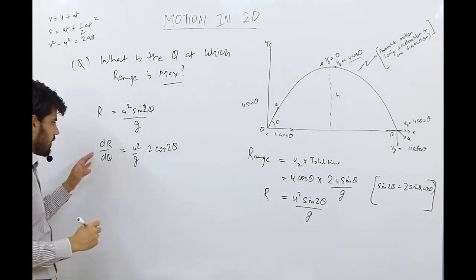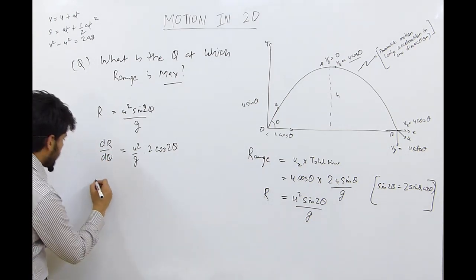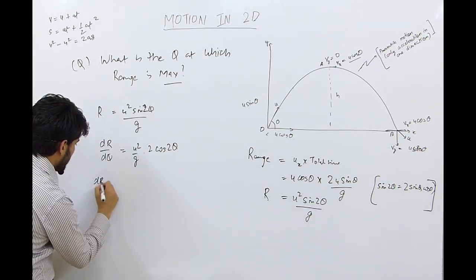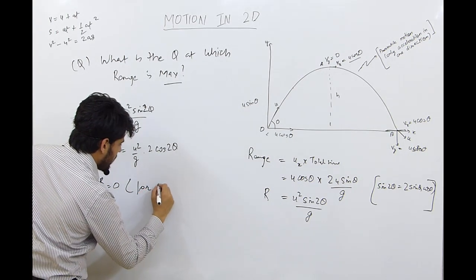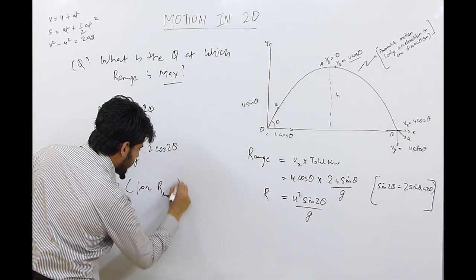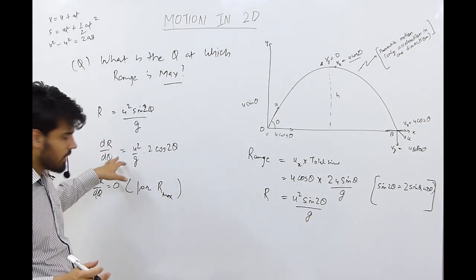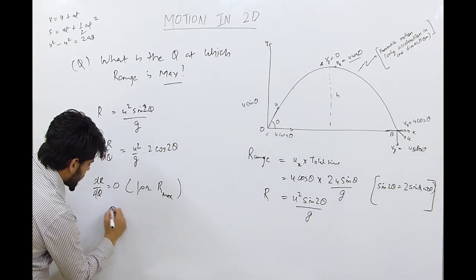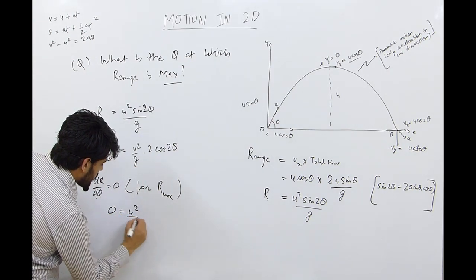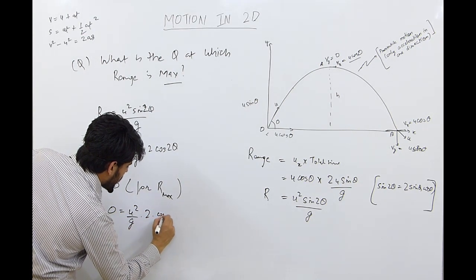For the maximum value of R, this dR by d theta should be equal to 0. To calculate the maximum of any variable, we just have to differentiate it and put it equal to 0. So 0 is equal to u square by G into 2 cos 2 theta.